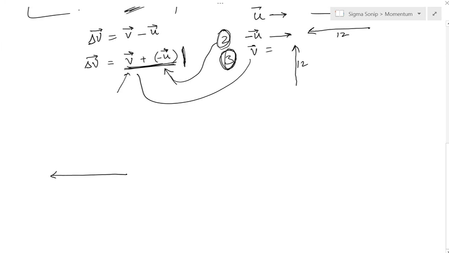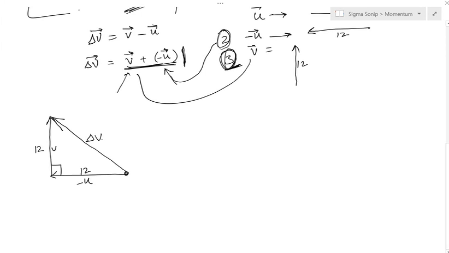Third time lucky. So this is 12, minus u, vector 2, and vector number 3 is v, the length is 12 and it is vertically up, in the north direction. So that is 12 and that is v, and this vector from the starting point is my delta v.